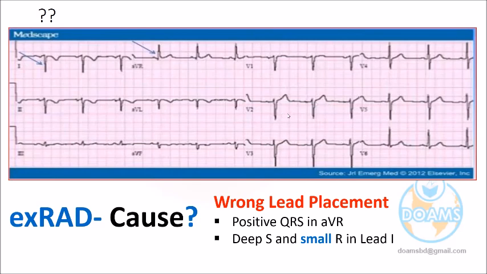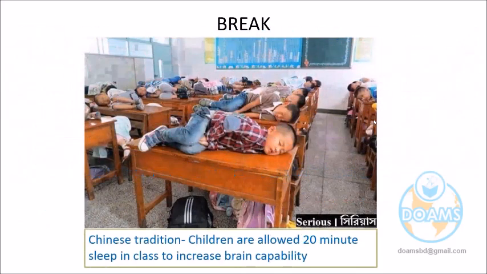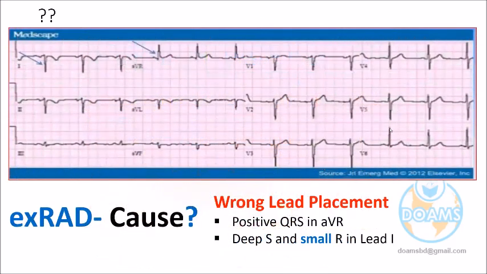But can it happen, doctor, in dextrocardia? If it is dextrocardia, it can happen, the axis going more to the right. But in dextrocardia, what will happen to the chest lead R wave? V5 and V6 R wave, will it be taller or smaller? It will not be progressively increasing.